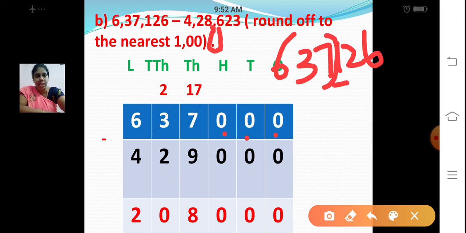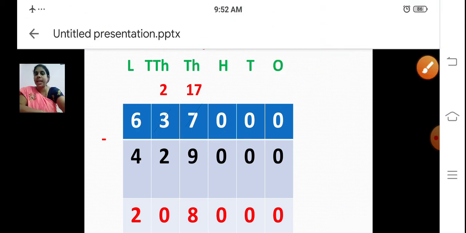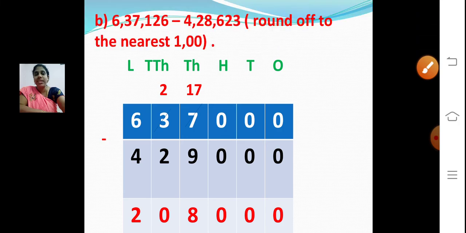What number am I having in the thousands place? 7. Don't change that. So 6,37,126 rounded off to the nearest 1,000 is 6,37,000.